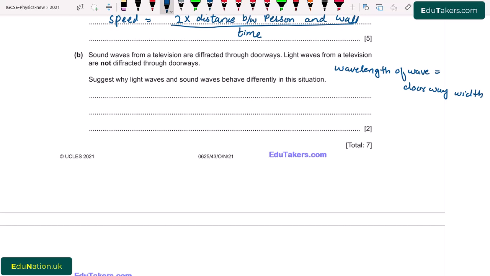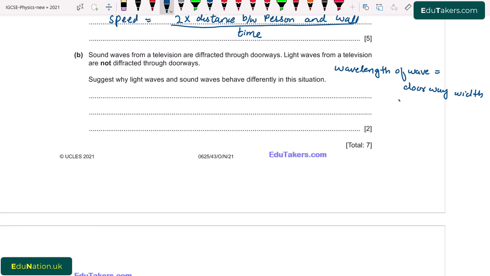When the wavelength of the sound is equal to the doorway's width, then the sound wave, or any wave, gets diffracted. Now, sound waves have a much larger wavelength as compared to the doorway width. That's why they get diffracted. But light waves have a much smaller wavelength as compared to the doorway width. That's why they do not diffract.